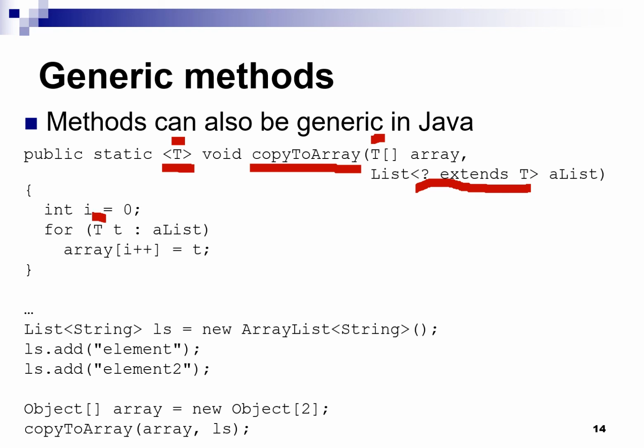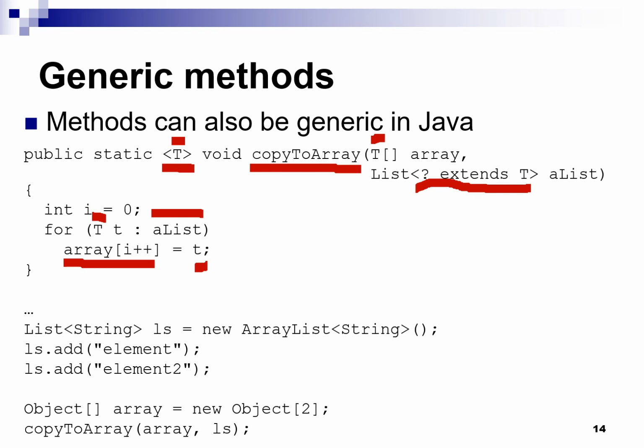Basically what I'm doing here is I'm traversing the list and I'm copying this into the array. This will work here because the list is of type T or a subtype of T, and then this assignment will be correct because T will always be compatible with this array. How can we use it?